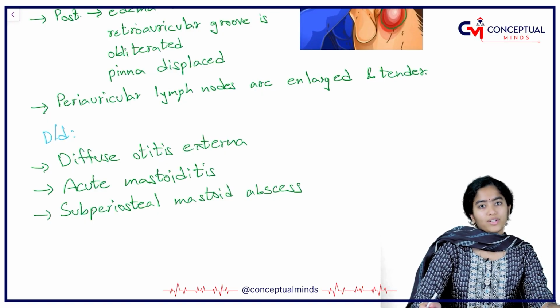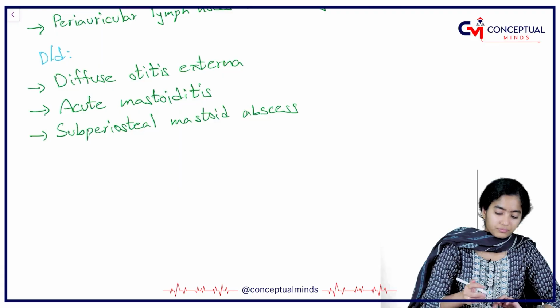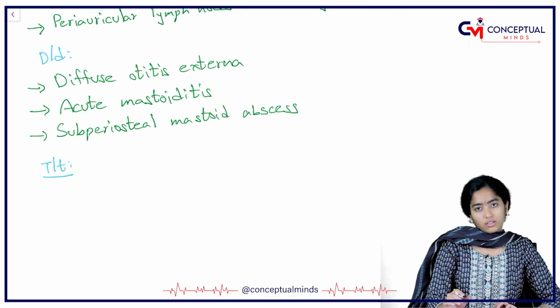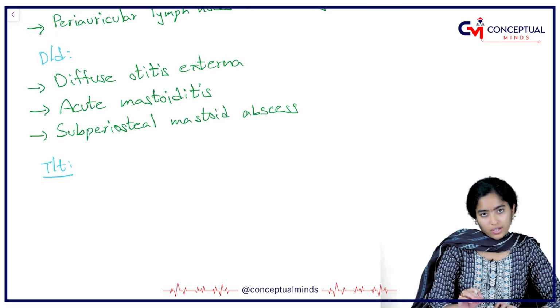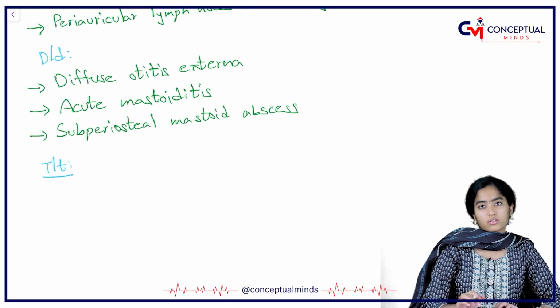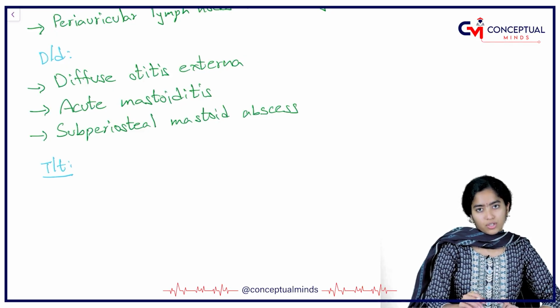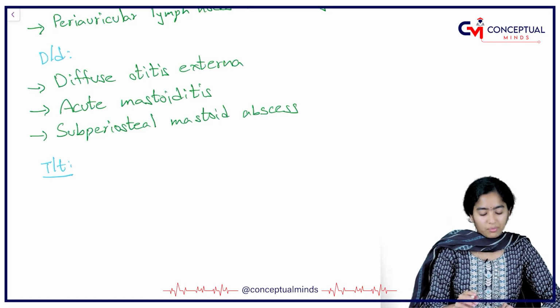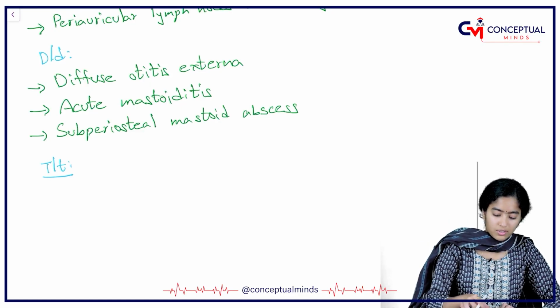Next is, how do we treat this condition? Fine, we have diagnosed, and after considering the differential diagnosis also, we have come to a conclusion that it is a case of furuncle. Now, how to treat it? Because it is an infective condition, it has to be treated with antibiotics. Topical antibiotic creams can be applied and also systemic antibiotics can be taken.